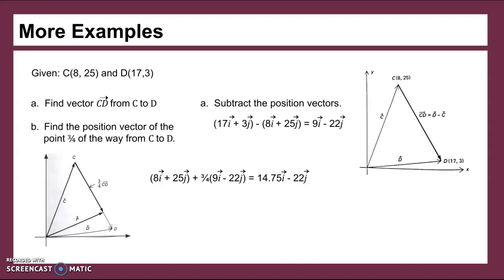I'm adding it to the 8i plus 25j because that's my start point. So I go my start point, and then I go a distance in a direction from that point, and I end up at 14.75i minus 22j. And note that when I was trying to find the vector from C to D, you subtract in the order endpoint minus start point. So I did point D minus point C.